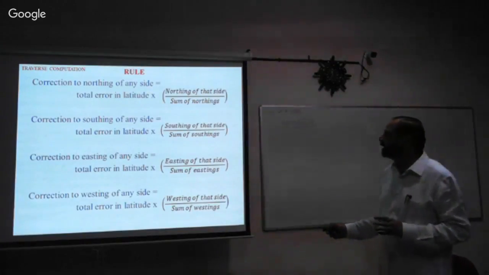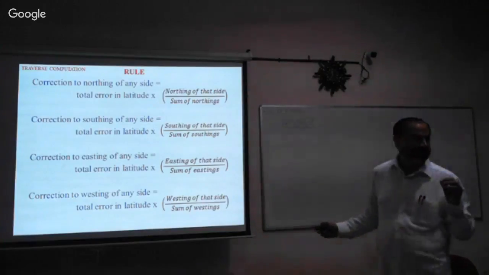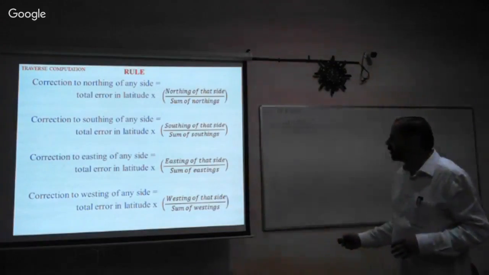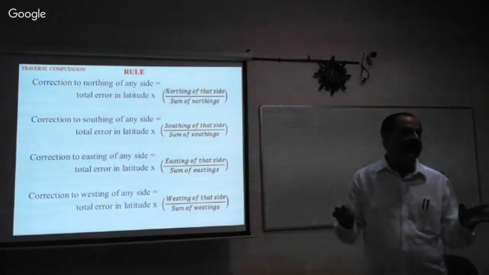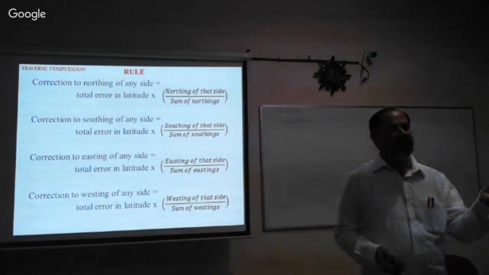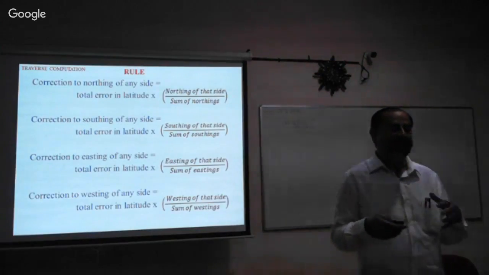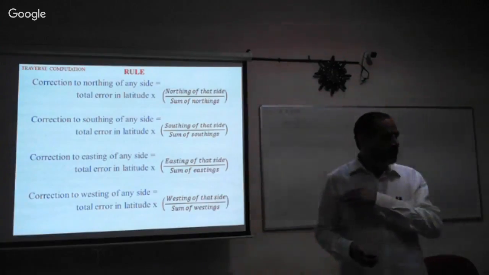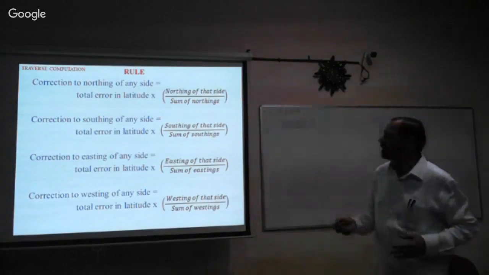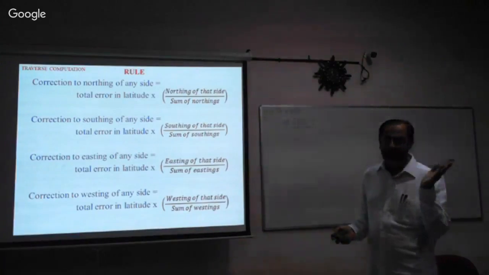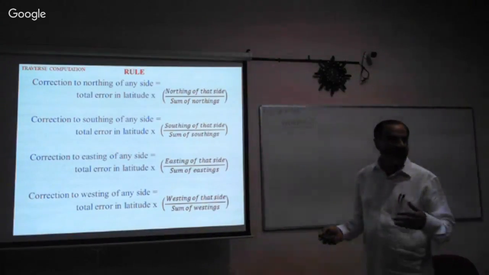Then the error in the southing will be distributed to the southing of the particular side, and similarly for easting and westing. So in 4 ways we will be distributing the error, depending upon the level of accuracy you need. Depending upon the accuracy level, we apply the methods. That is the correction, the adjustment of the traverse.